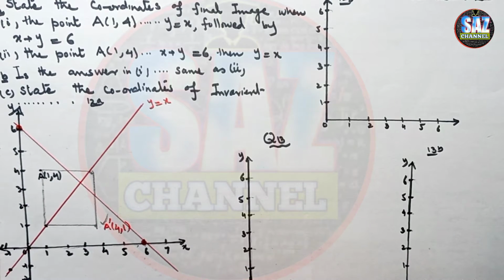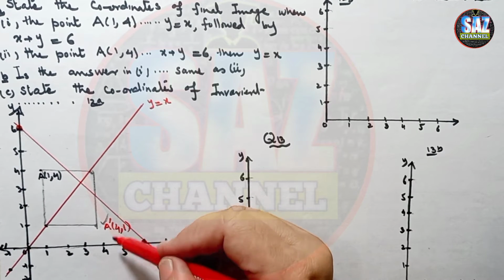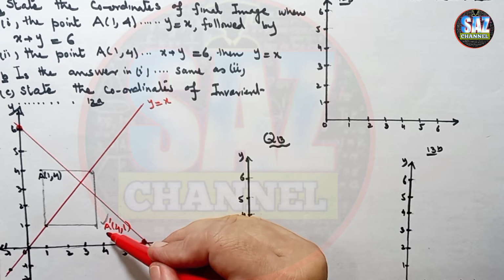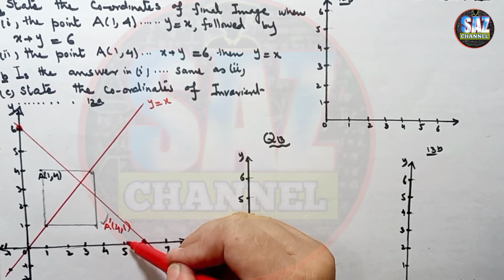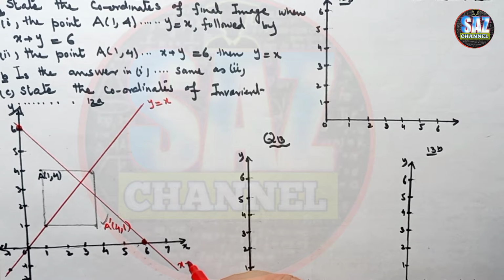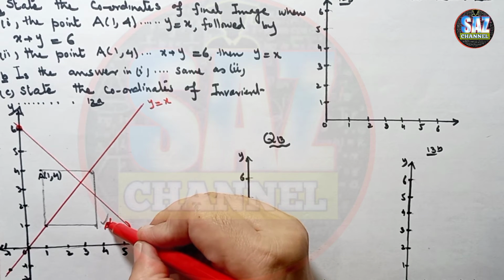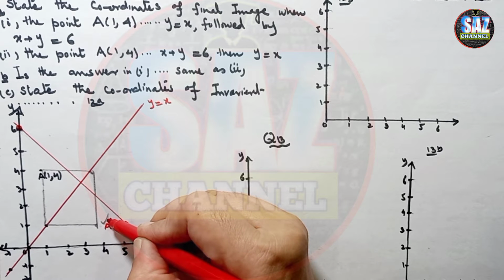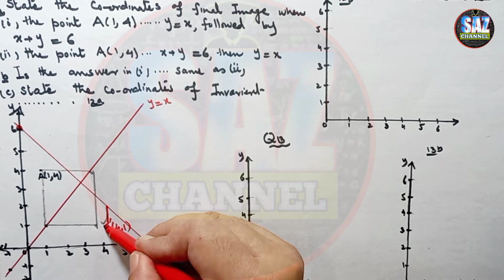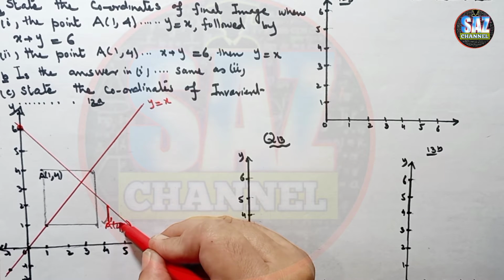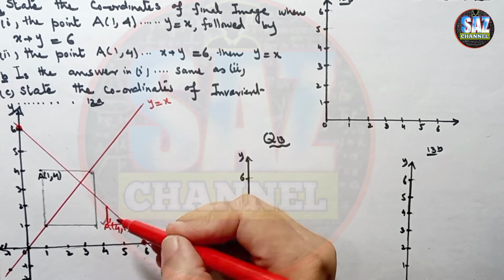Now I have to find the image of A dash (4,1) in the line x plus y equals 6. I have to complete the triangle on half side. This is A dash (4,1), and this is the half part of the triangle.